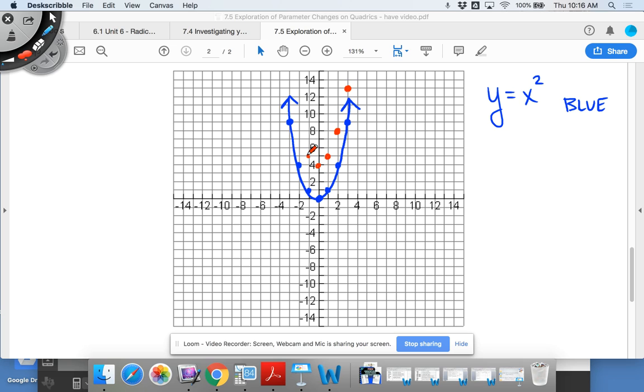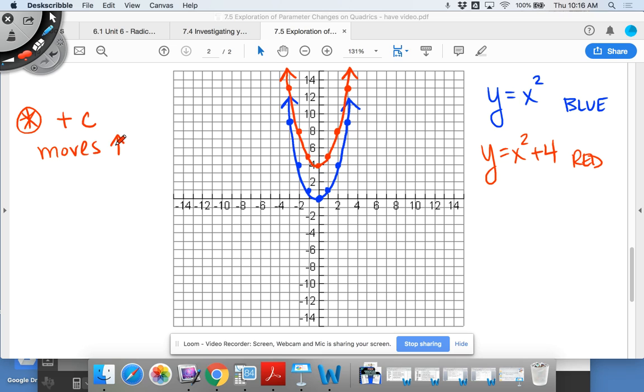And then I'm going to mirror it on the other side. So it doesn't get fatter or skinnier, it stays the same distance, just the whole parabola moved up. So over here on the side, we're going to say positive C moves up.